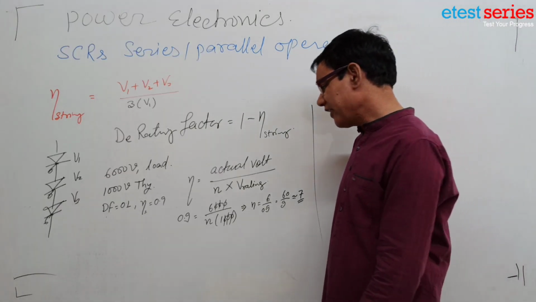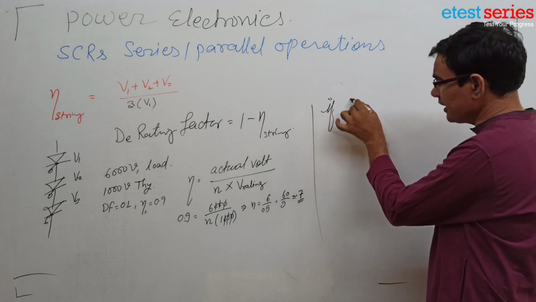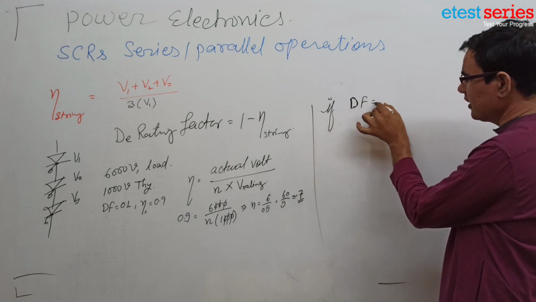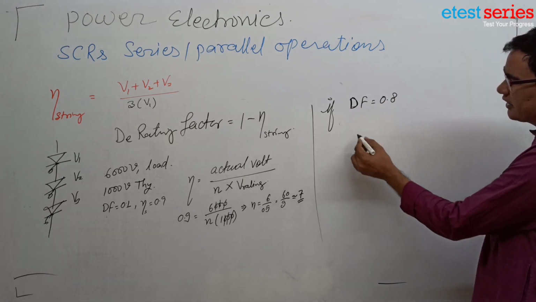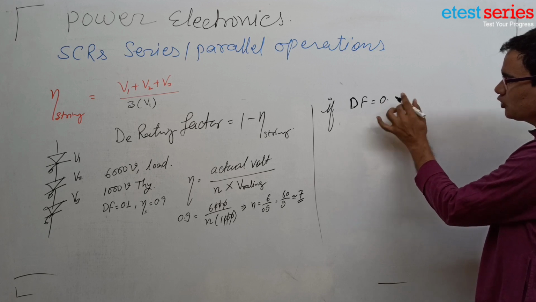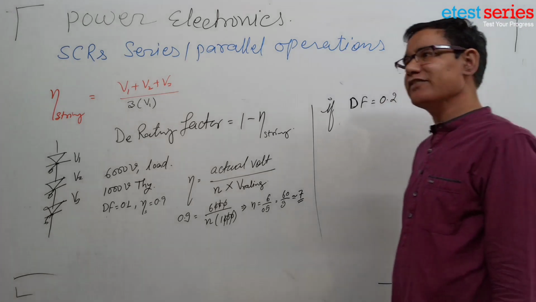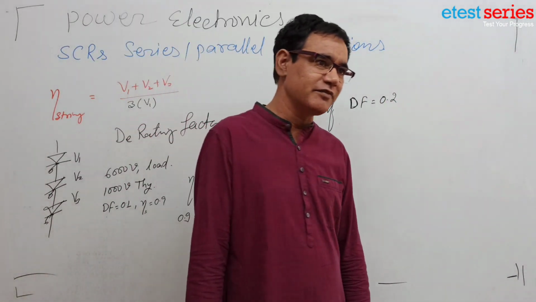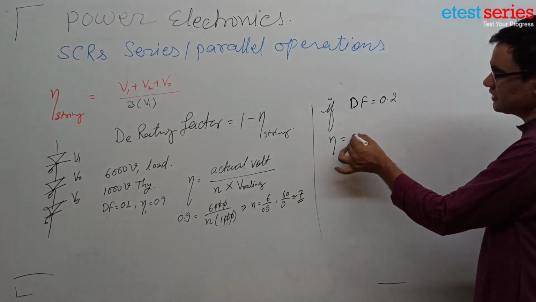If the derating factor is 0.2, 20% of the SCR capability is not being utilized. That is the derating factor. It means 80% is the string efficiency. String efficiency is 80%.